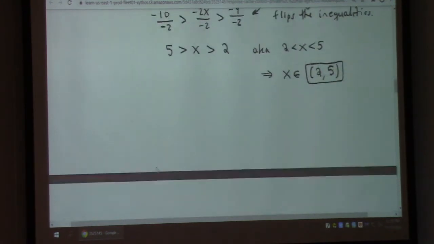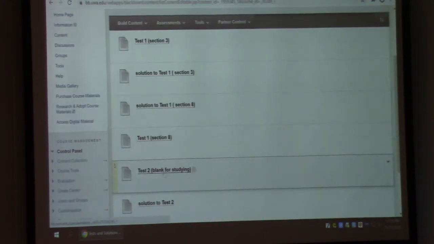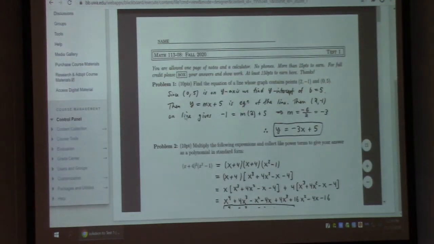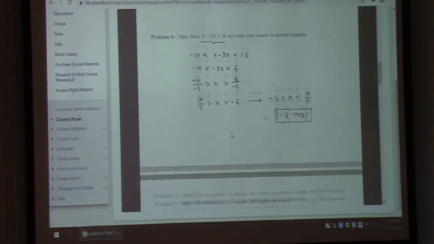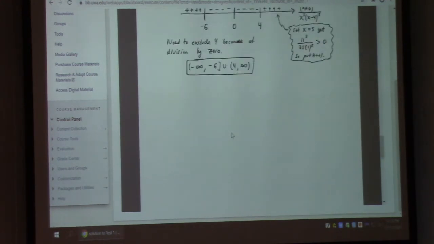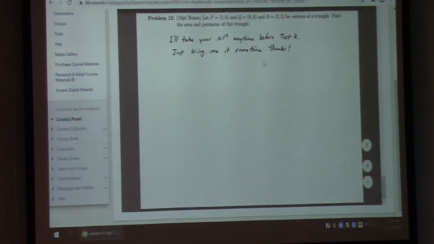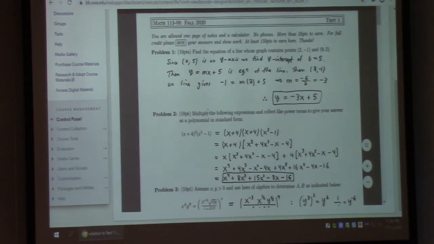I think the next problem, oh man, let me see if I can find the, I thought I had greater than on one of these. Let me try to find a greater than. Nope, that's less than. Man, don't I have greater than somewhere? Oh man, I still need to grade that bonus problem. I've been thinking that same thing.